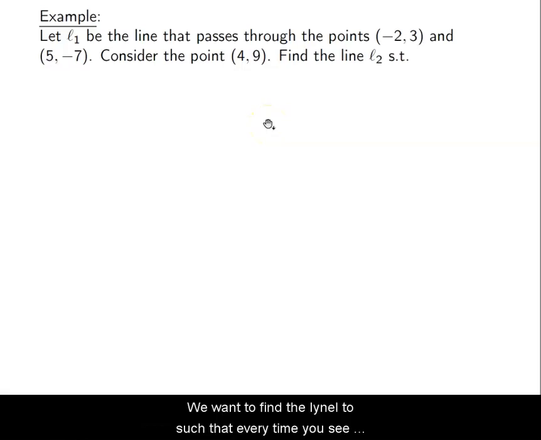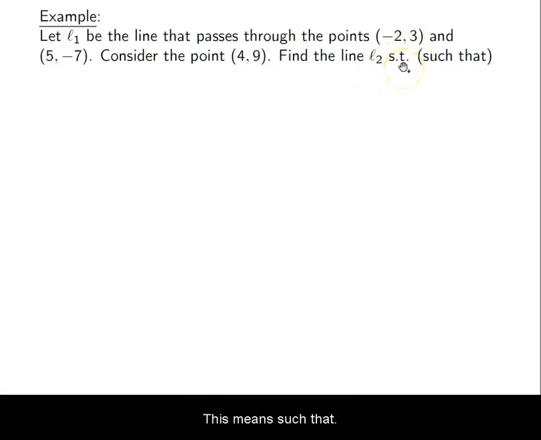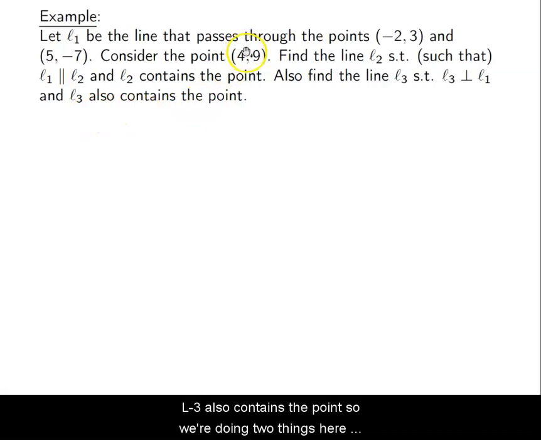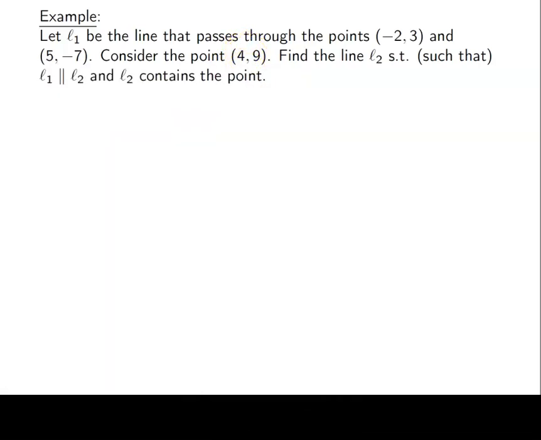We want to find the line L2 such that, every time you see this "s.t.", it means "such that", L2 is parallel to L1 and L2 contains this point. Also, we want to find a third line, L3, such that L3 is perpendicular to L1 and L3 also contains the point. So we're doing two things here.